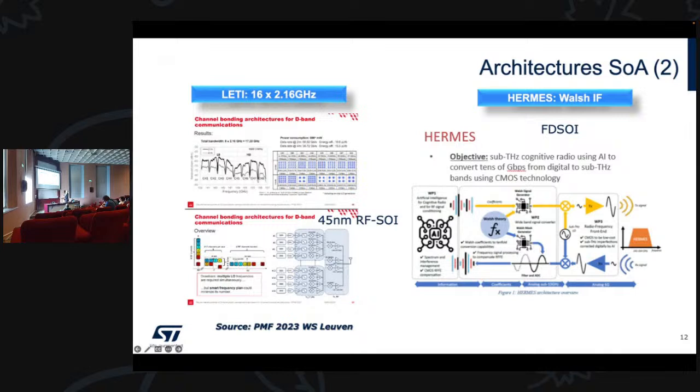And finally, I would like to speak about Hermes. So in Hermes, this is work done by François and other groups, Leti also and other groups. The idea is to push the pressure, if we can say like that, to an analog signal processing.